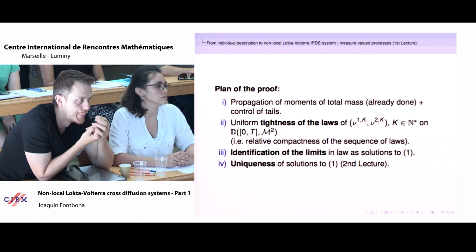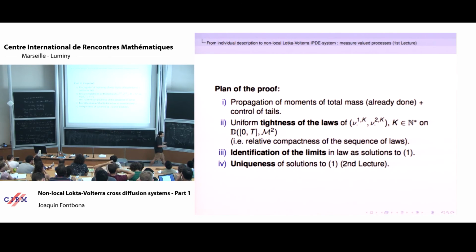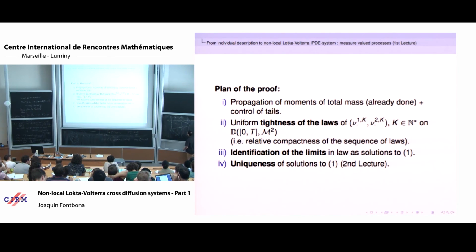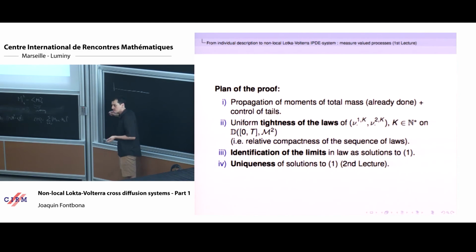So here we have a similar procedure. The idea is to have controls of the total mass, which we already did, and then control of tails. What does that mean? The control of tails is something you must care about when you look at measures, because one problem that can arise is that, even if you control the masses of your measures, you can have some pathological behaviors, which could be that the mass will drift to infinity in a way.